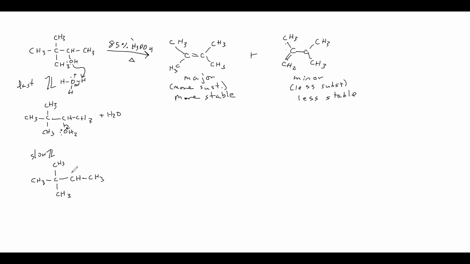And this carbon right here has 3 things bonded to it and is a carbocation. Okay, so now here's where the rearrangement comes in. So this secondary carbocation is less stable than tertiary carbocations.